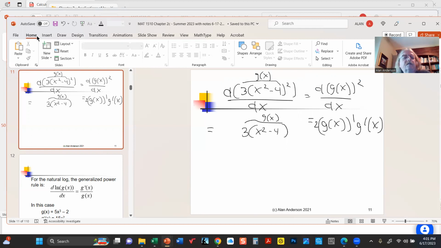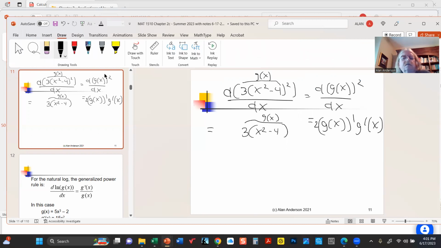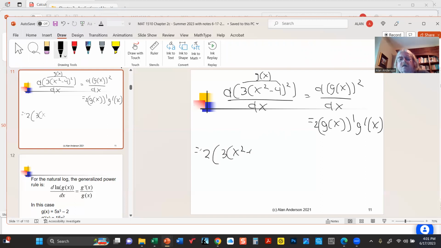So you're going to have, let me just move it somewhere else where we have space. 2, 3, x squared minus 4 to the first times 2x. And then you can clean it up. I mean, you can simplify. You've got 2x, 2, that's 4x, 6, 12x.